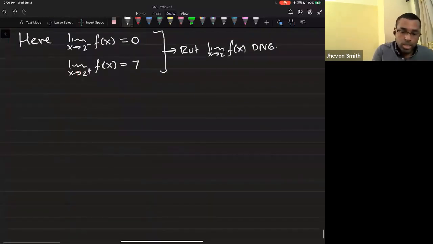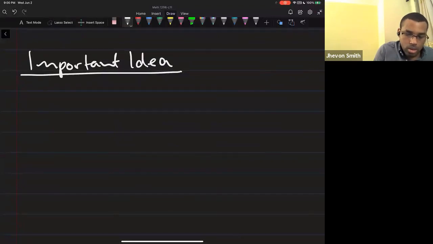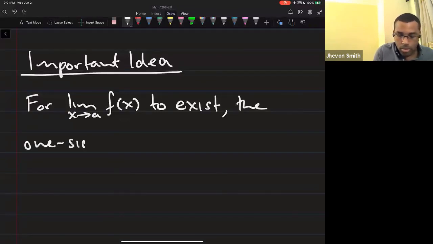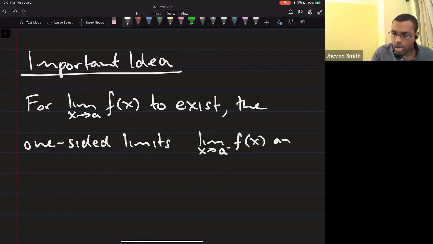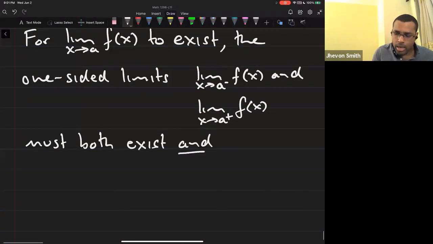And so that leads to an important idea. For the limit as x approaches a of f of x to exist, the one-sided limits, this guy and this guy, must both exist and be equal.